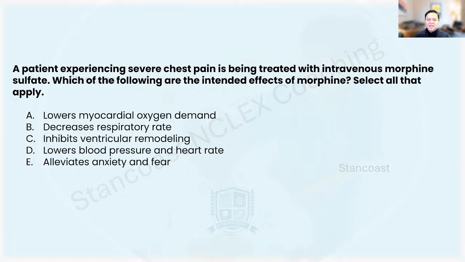Question 7. A patient experiencing severe chest pain is being treated with IV morphine sulfate. Which of the following are the intended effects of morphine? Select all that apply.